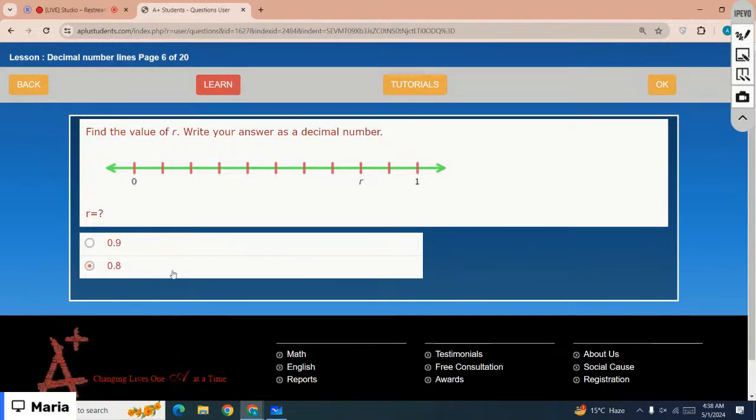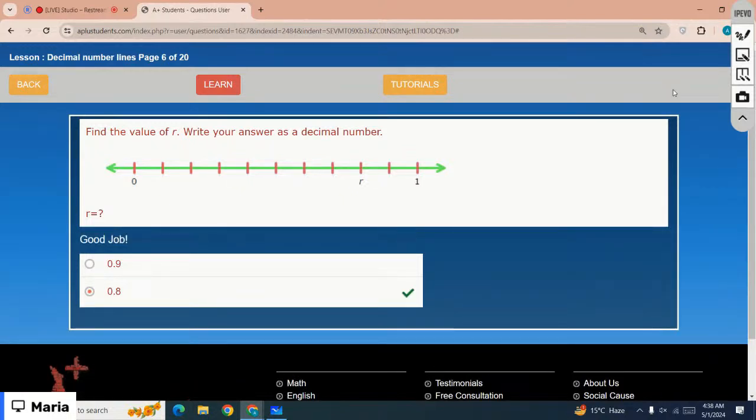Yes, that is 0.8. The correct option is 0.8.